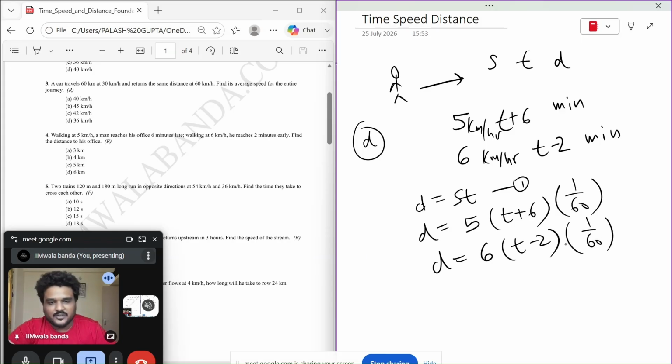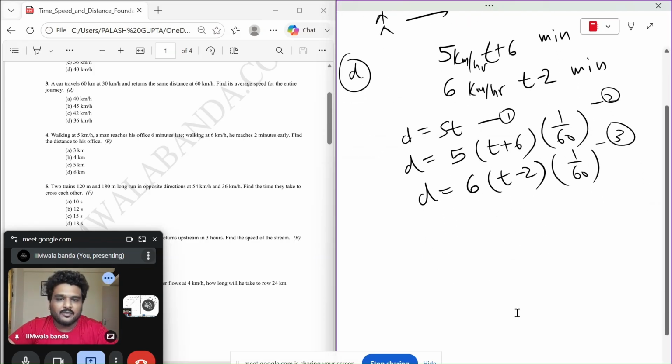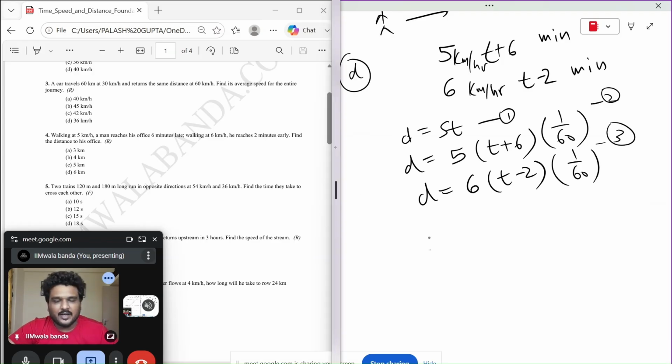Similarly, we will do this. Now, if you look at the second and third equation, it's pretty easy. I just want you to know the basics, and then we will speed up our process, because once you understand the concept, it becomes very easy to do calculation fast. So if I equate 2 and 3, I know 1 by 60, 1 by 60 will get cancelled.